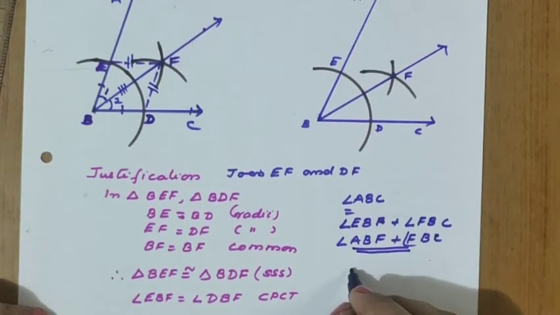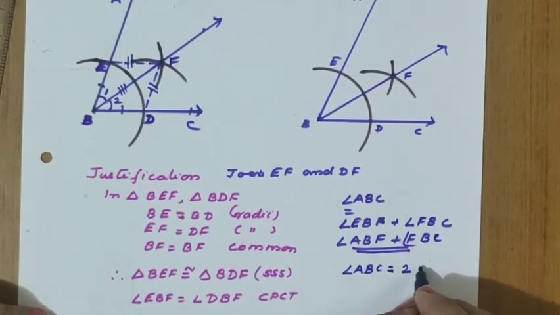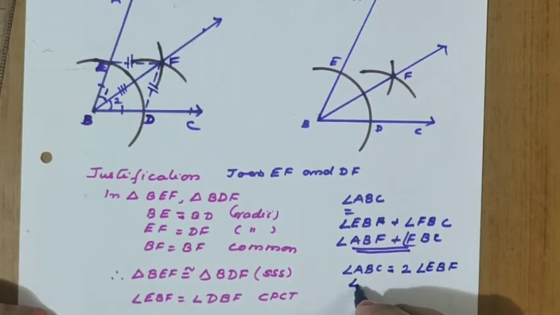So angle ABC we can write as 2 times angle EBF, or similarly ABF as 2 times FBC.